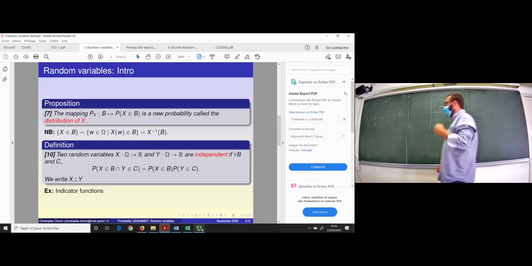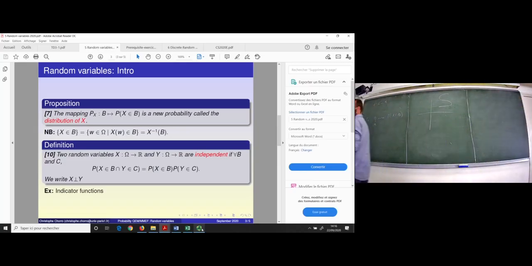And my job will be to prove that this way I define a new probability that is defined on R, with R as a universe.